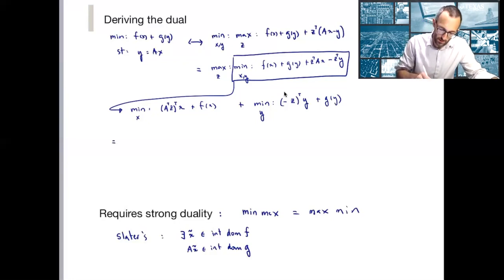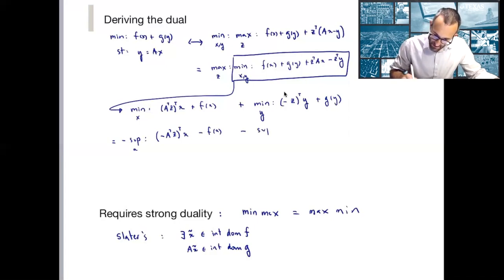So this is equal to minus the sup over x, and now I need to put a minus inside, minus A transpose z transpose x minus f of x. And then again, minus the supremum over y, I need to put a minus inside, z transpose y minus g of y.